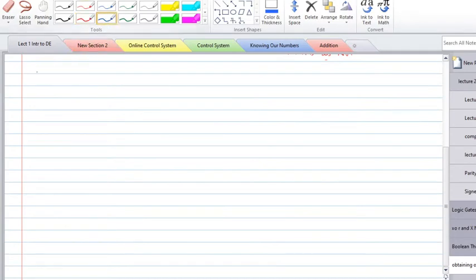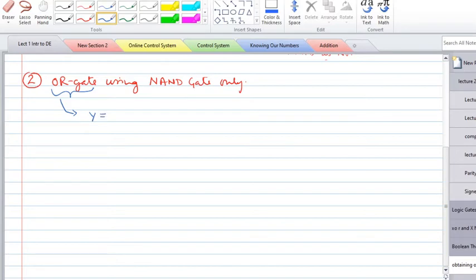Second, OR gate using NAND gate only. Now again start with the Boolean expression for OR gate, that is y is equal to A plus B. So take 2 times bar here.